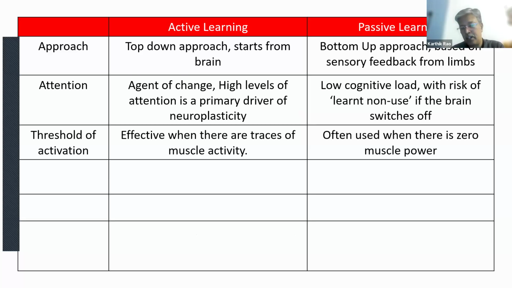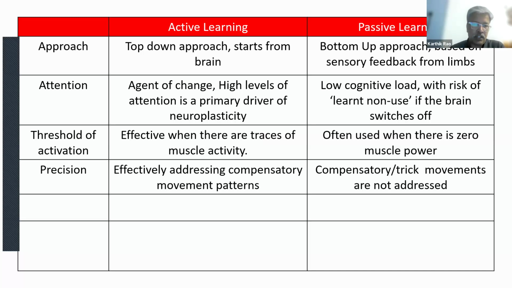So this is where we get into surface EMG biofeedback, where we use this to give the right feedback to the patient. And this comes into the picture only when a mild amount of or any trace of muscle activity is present. Passive learning is ideally suited when there is zero muscle power and the device or the external force, or it could also be a therapist doing a passive movement, takes over.